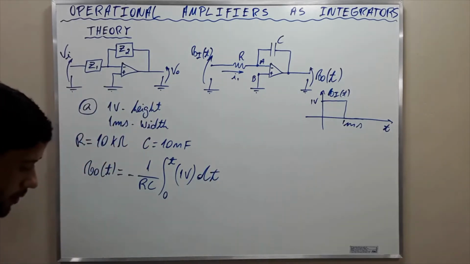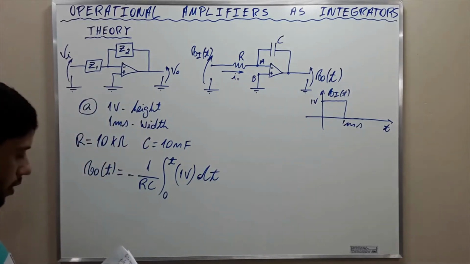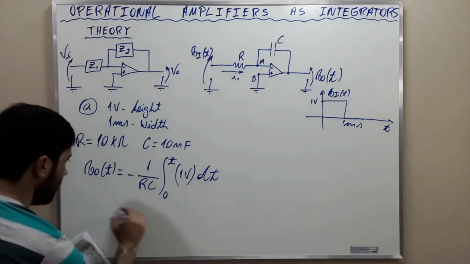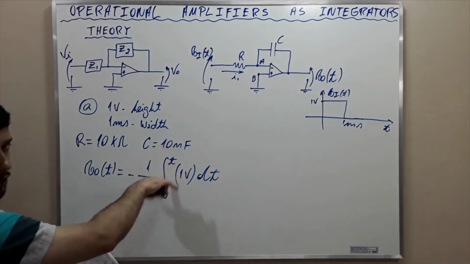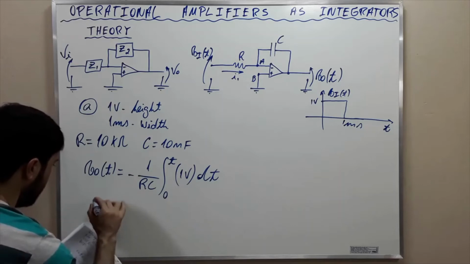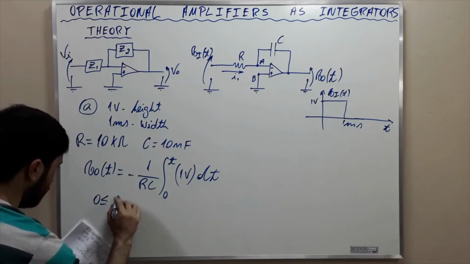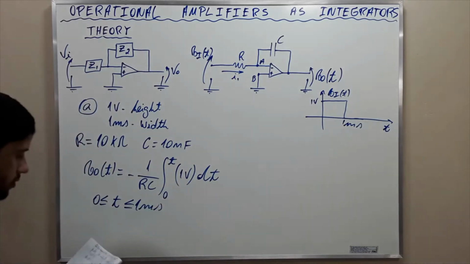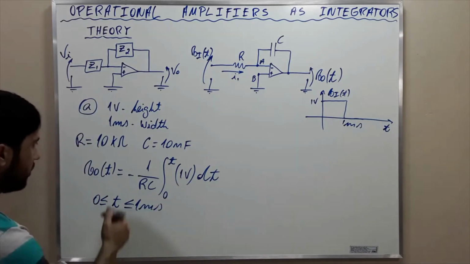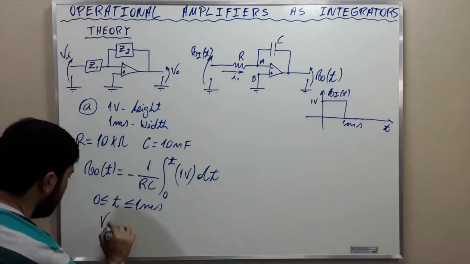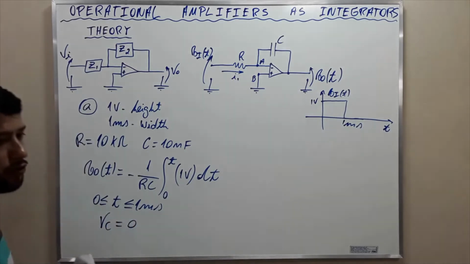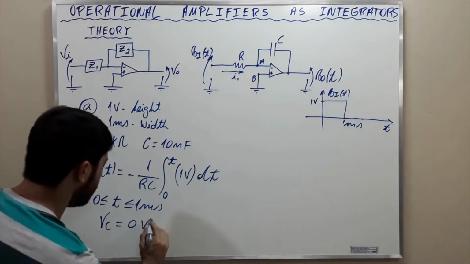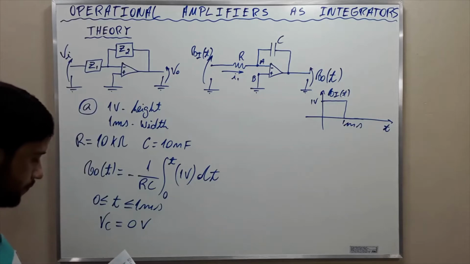And the t here, we are going to integrate from 0 to 1 millisecond. Okay? And for us, the initial condition is 0. Vc is 0 volts.